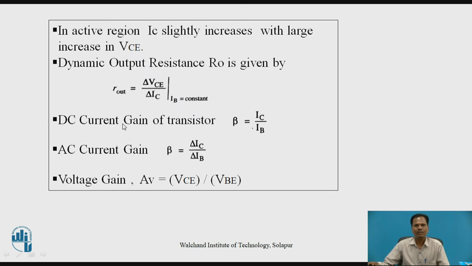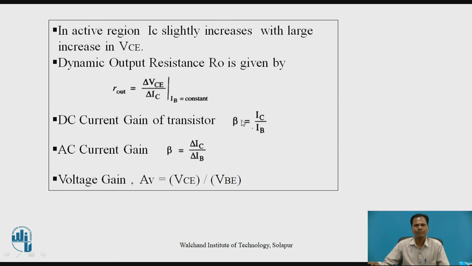The DC current gain of a transistor in common emitter circuit configuration is designated as beta, equal to the ratio of output collector current IC to the input base current IB. IB is generally in microamperes, and IC is in milliamperes. So the value of beta is very large; IC is much larger than IB.